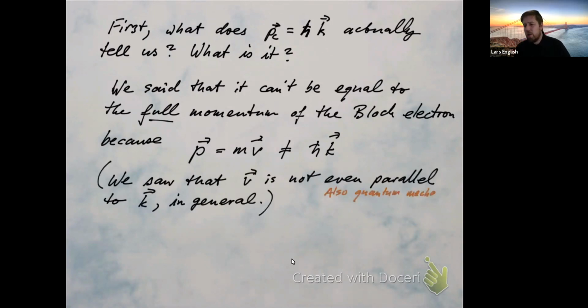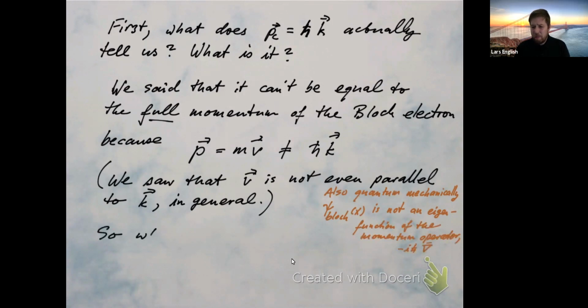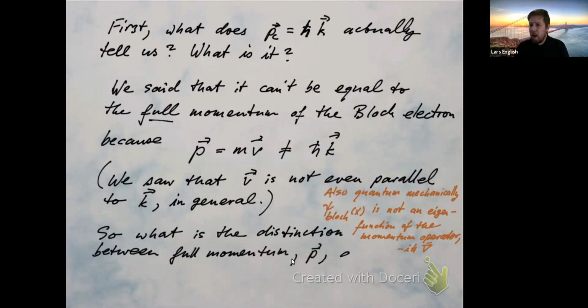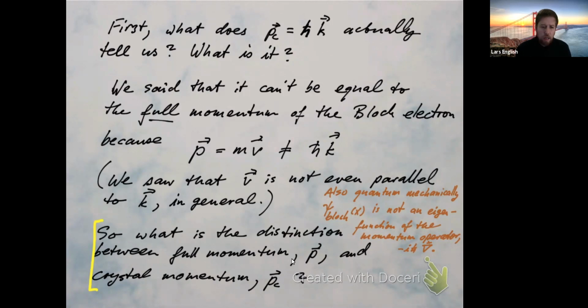But there's also another quantum mechanical reason that I'm just going to mention in passing here, namely that the Bloch wave function is just not an eigenfunction of the momentum operator. So the full momentum operator being minus i h bar times del, right, d/dx.